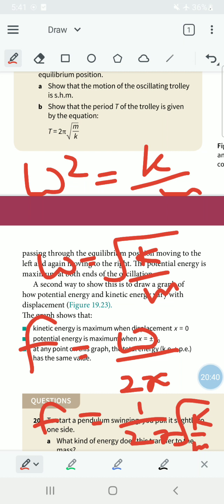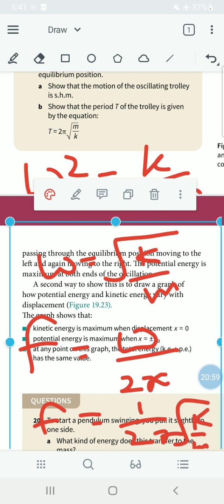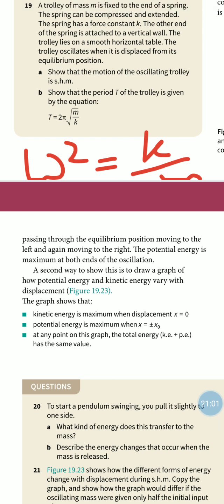So from this, because T is equal to 1 upon f, you put it down under, and you will get the other side of that.